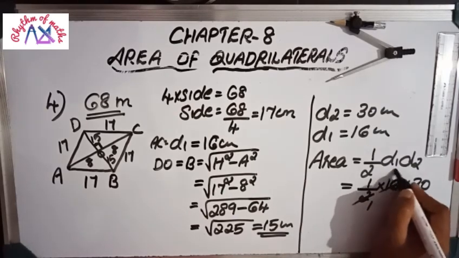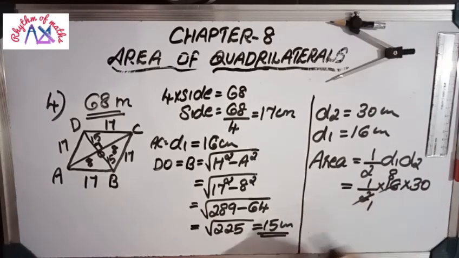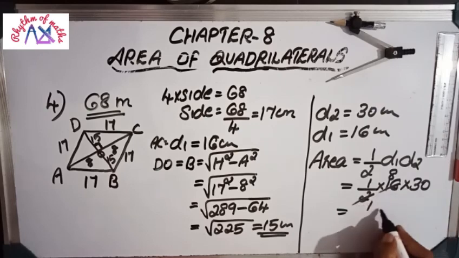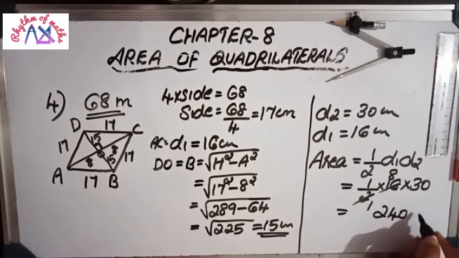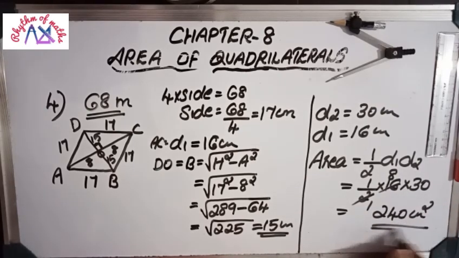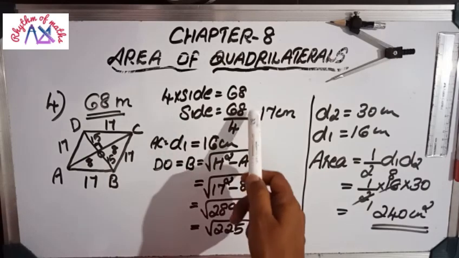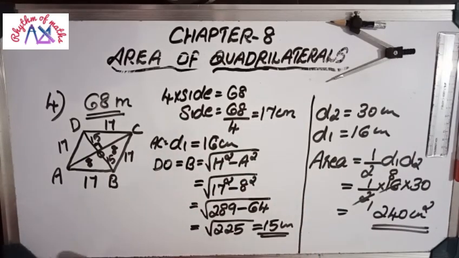In 16 8 2s are there. 8 2s are 16. Now 8 into 30. 8 3s are 24. So 240 centimeter square. 240 centimeter square is the area of this rhombus with the perimeter 68 centimeter and one diagonal 16 centimeter. Okay, so this is the answer to question 4.